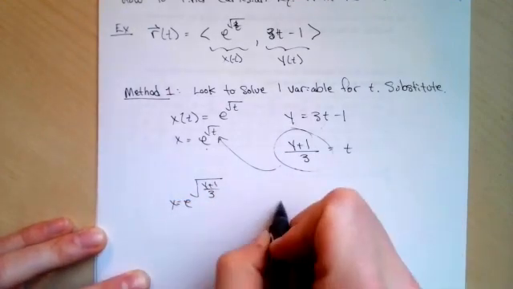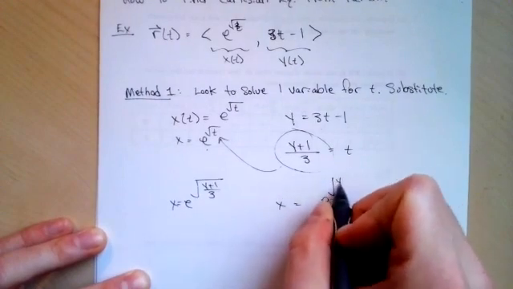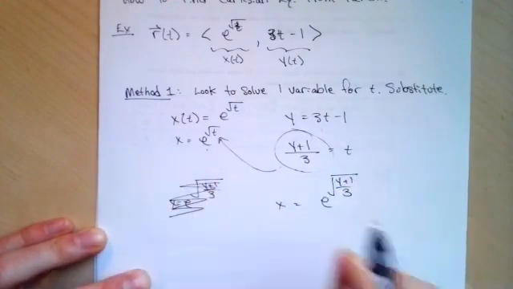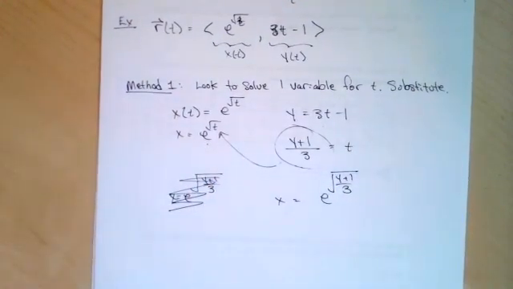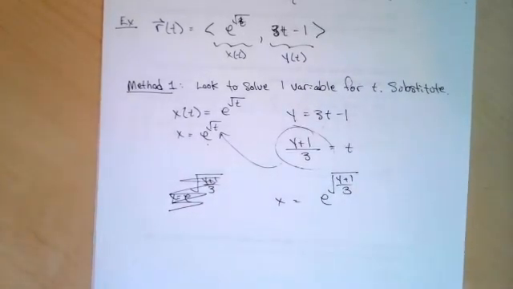Let me write that a little better, give myself some space. And that is a valid Cartesian equation. This is x as a function of y. We could try to write it a little more nicely and get any other valid Cartesian equation from it by performing our well-known operations.